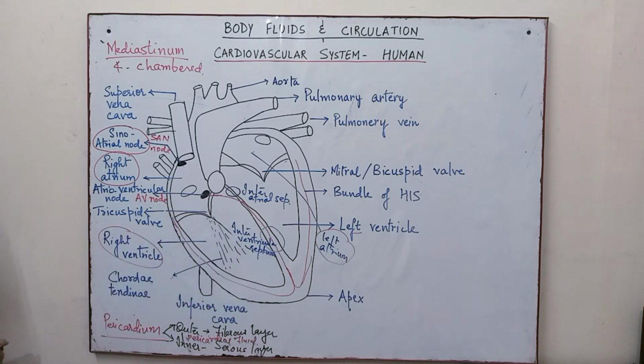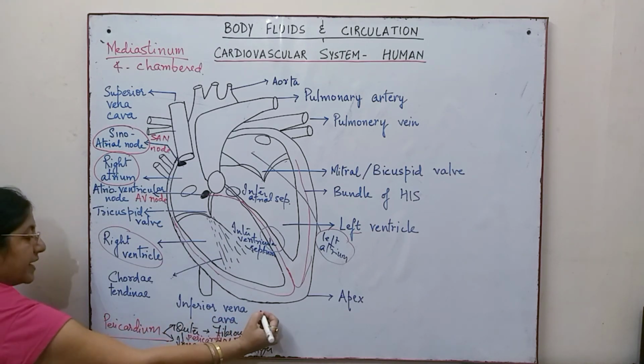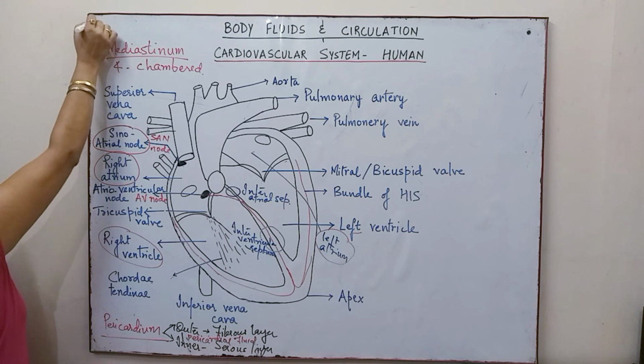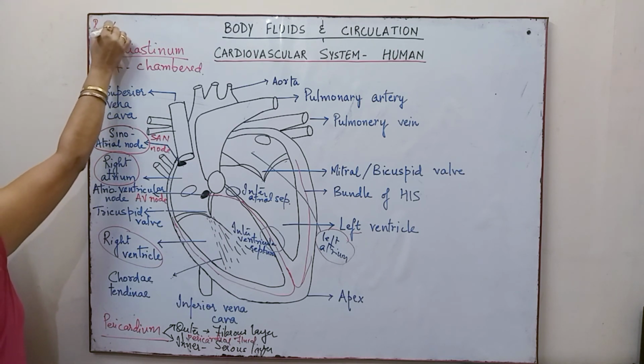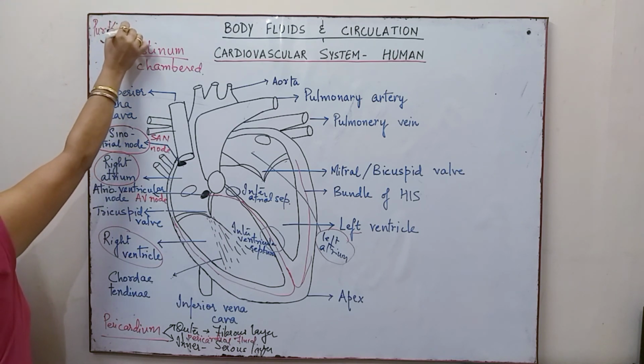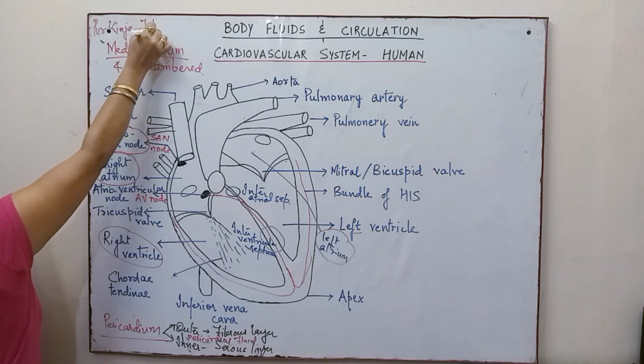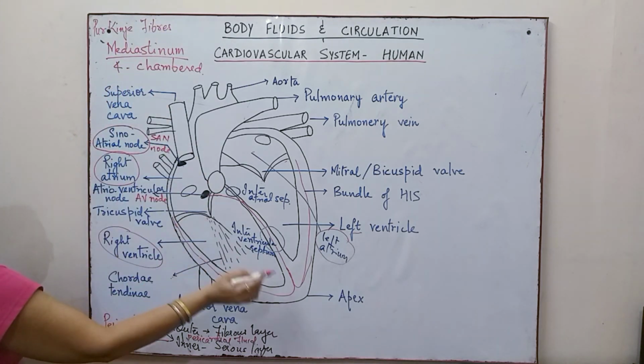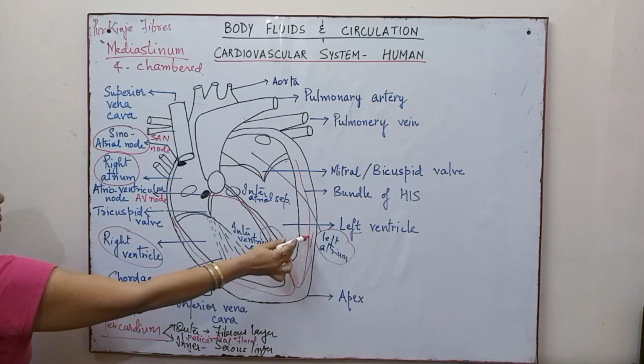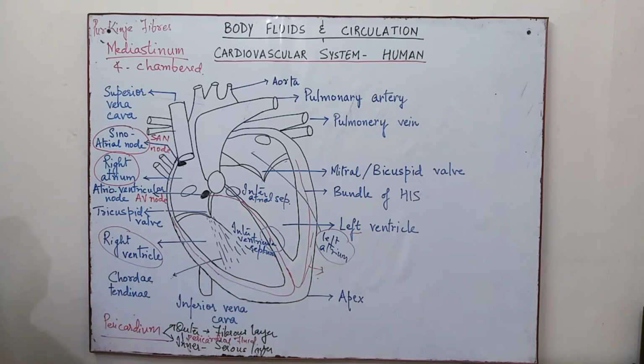And this bundle of His has several Purkinje fibers. So we find Purkinje fibers over here. Purkinje fibers are present over here. These are the Purkinje fibers.